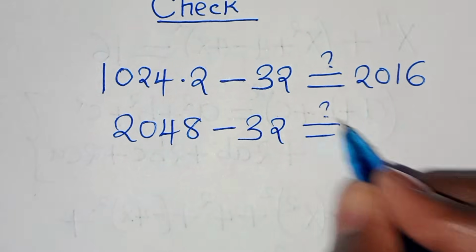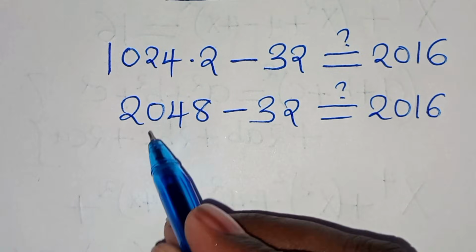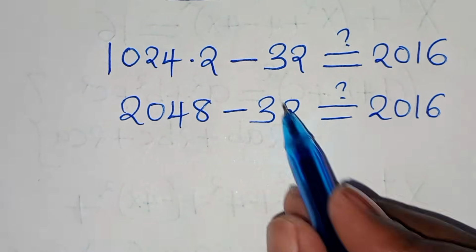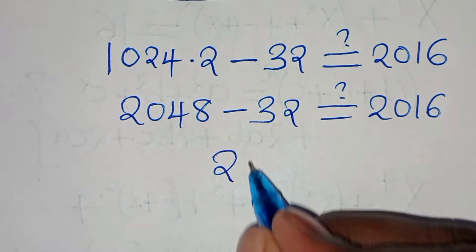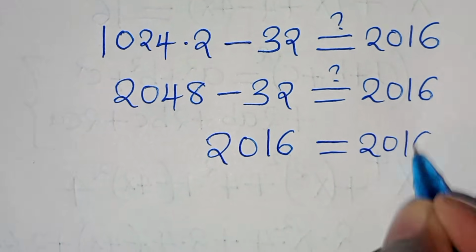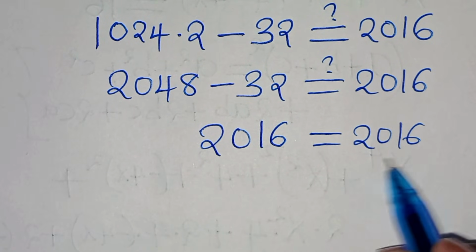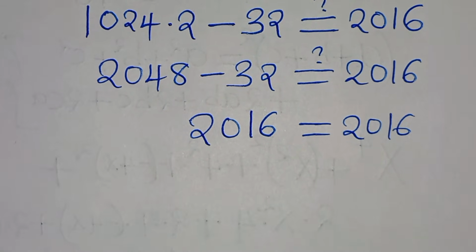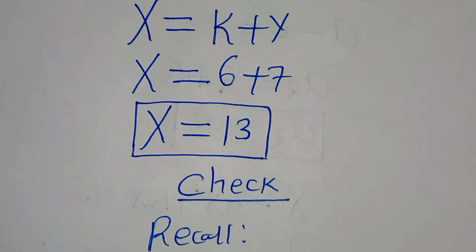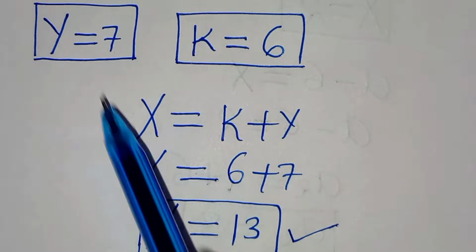Let's check if this will give us a value of 2016. So we have 2048 minus 32, and this is equal to 2016. So the left hand side is equal to the right hand side, and that affirms that the value of x, which is equal to 13, and the value of y, which is 7, satisfy the equation.